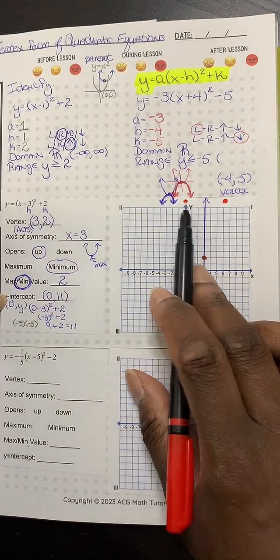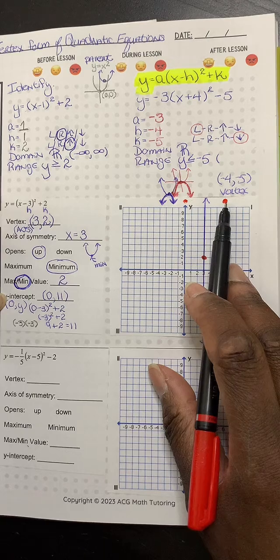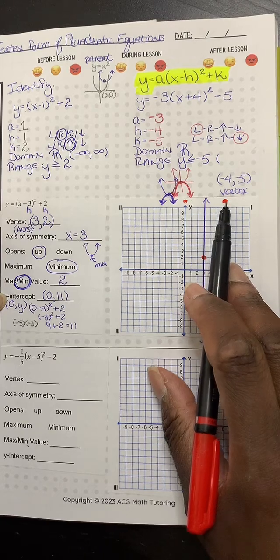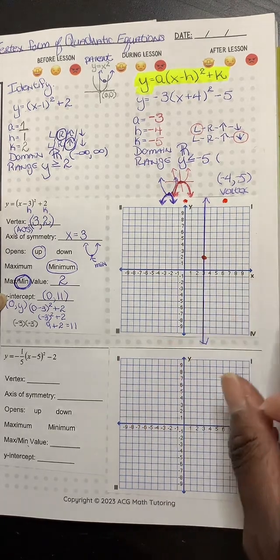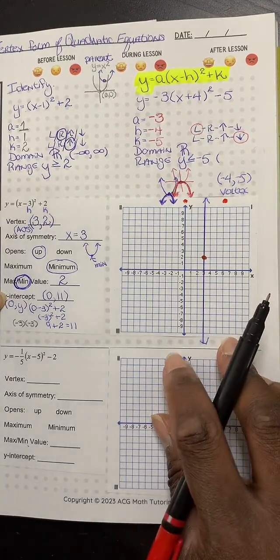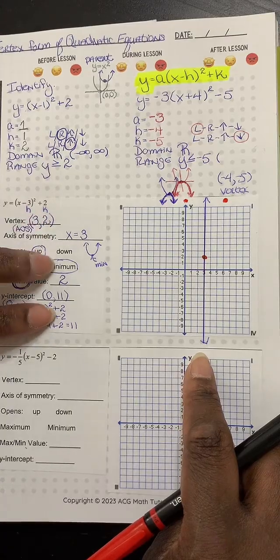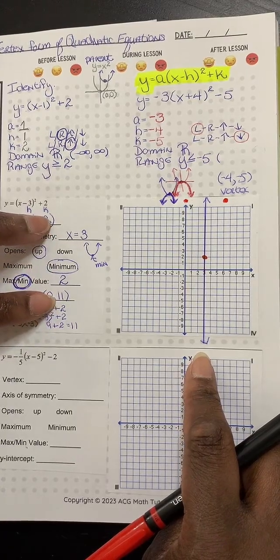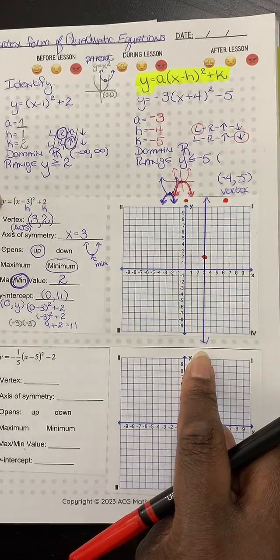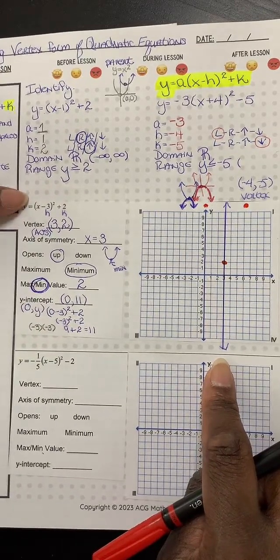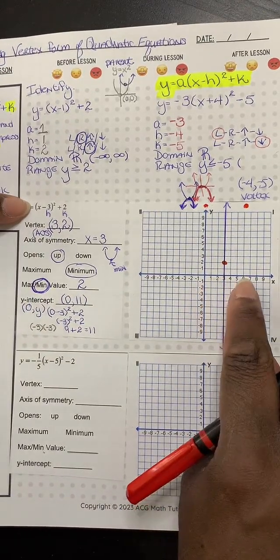So if anything, that's how you're able to draw another point to help you sketch your parabola. So those are the 2 points that they gave us, or that we found. But we could use our equation and just pick another point.